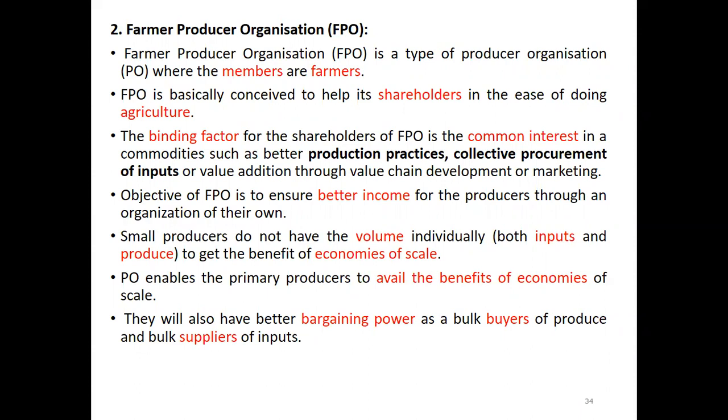Farmers producing organization also enables the primary producers to avail the benefits of economies of scale. Economies of scale यानी क्या है कि हम लोग सेव करेंगे, पैसे सेव कर सकते हैं because my cost will be less due to having more number of people engaged in this activity. They will also have a better bargaining power as bulk buyers of the produce and bulk suppliers of the inputs.